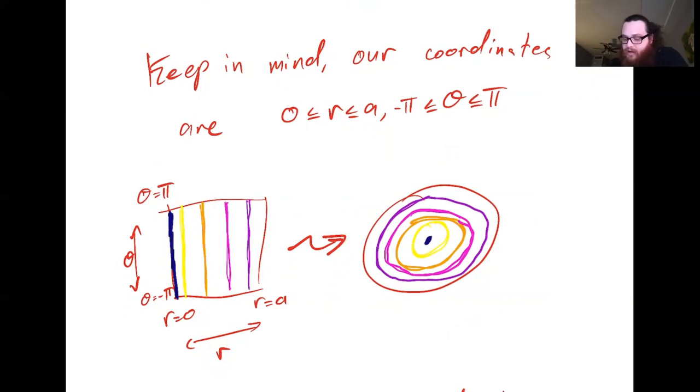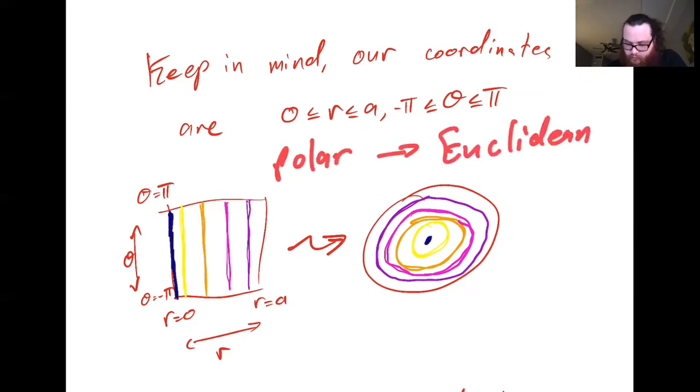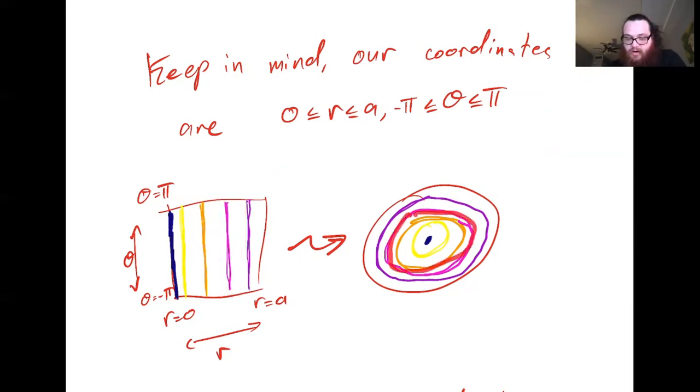The colors here for these lines are meant to show you where these coordinate lines get mapped to. This pink line, if you map from polar to Euclidean, is going to get mapped to this pink circle here.